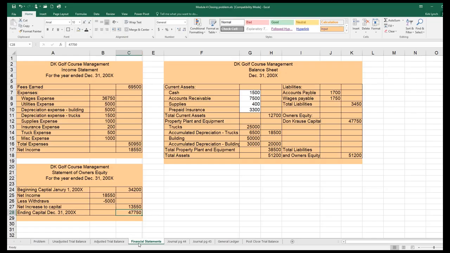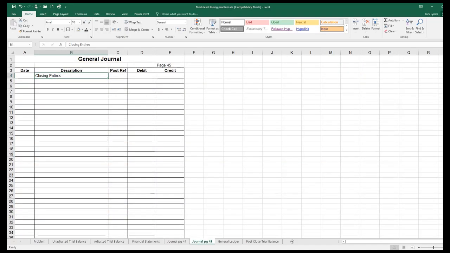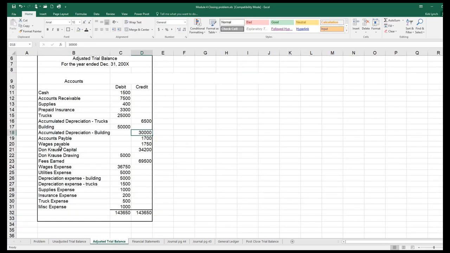So let's go to the journal, and our first job is to journalize the closing entries. And I can see we've had a header here on our journal. We're now on page 45 for our closing entries. And so if we look at our adjusted trial balance, we're going to close these accounts out and make their balances zero.